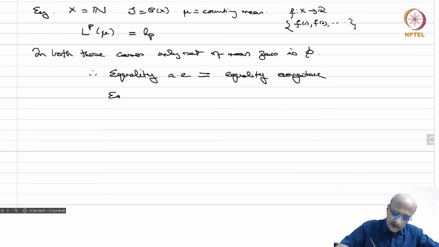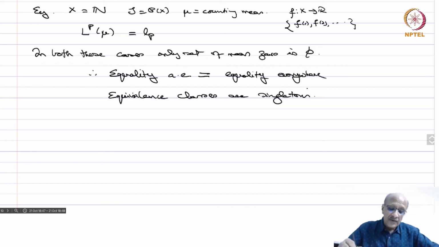So equivalence classes are singletons. So there is no real fuss. This time we are really talking of functions only.